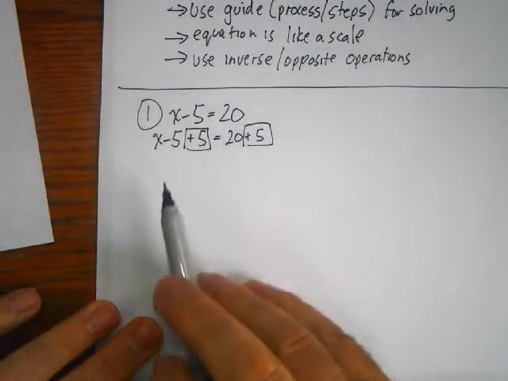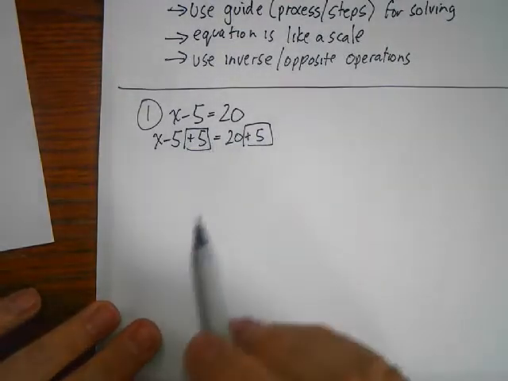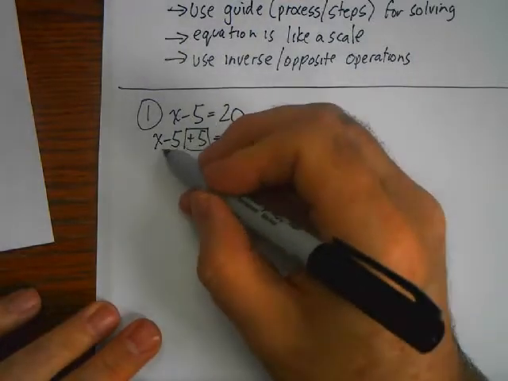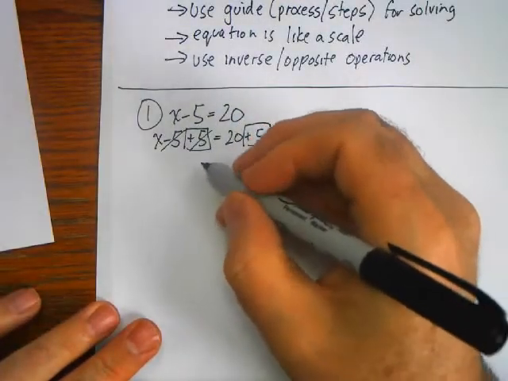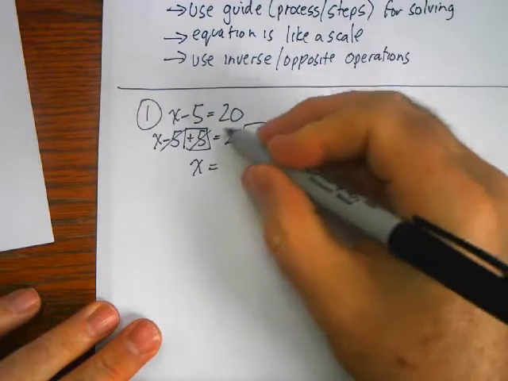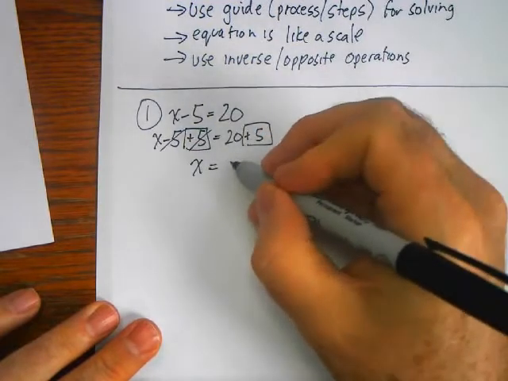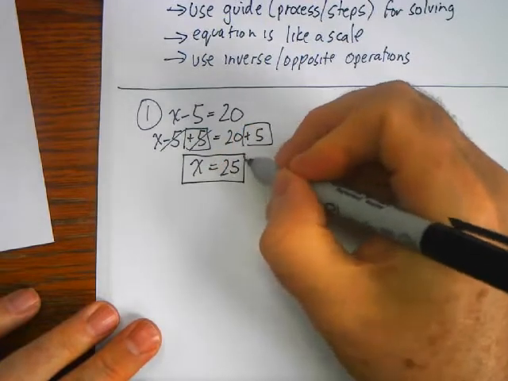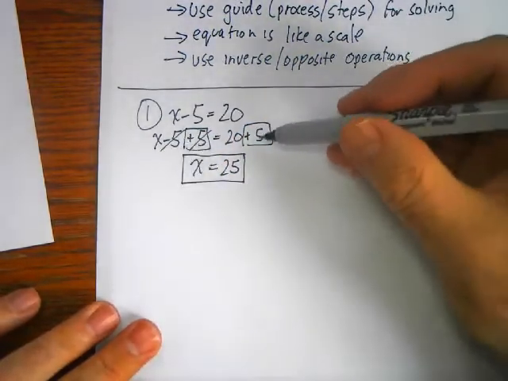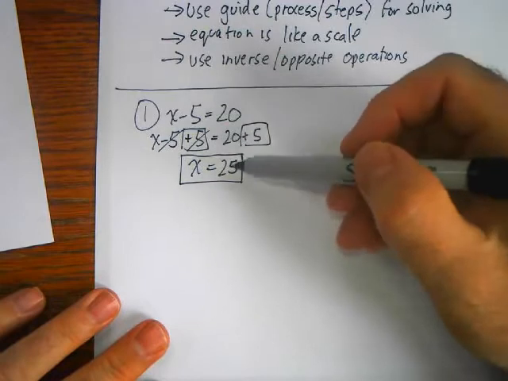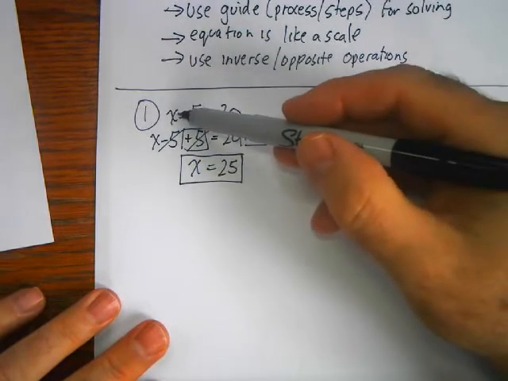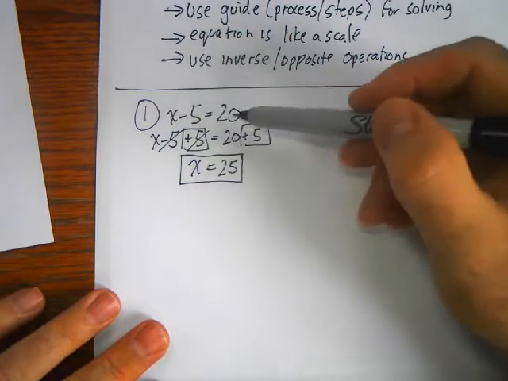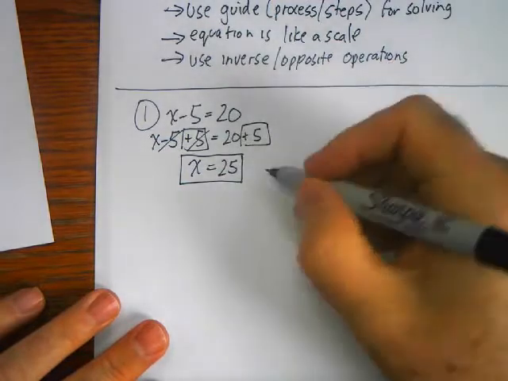You don't have to do this if you're confident in what you're doing. These two will actually cancel each other out. You're just left with x, and then you simplify 20 plus 5 is 25. And that is your answer. You found the value of x that makes this true. We can check that by plugging in 25 where we see the x. 25 minus 5 is 20, so we know that's correct.